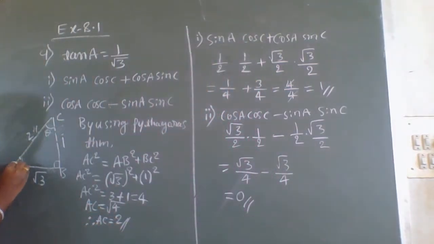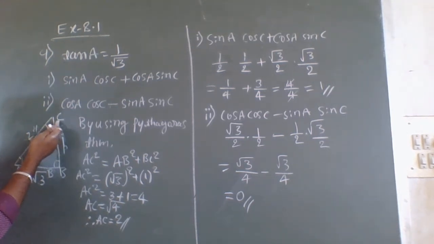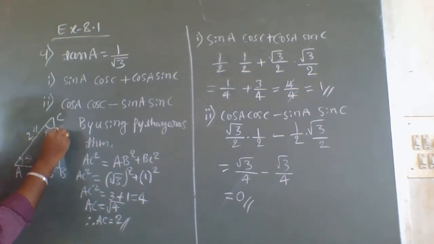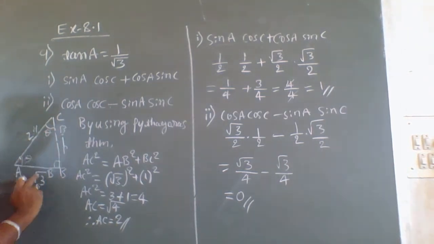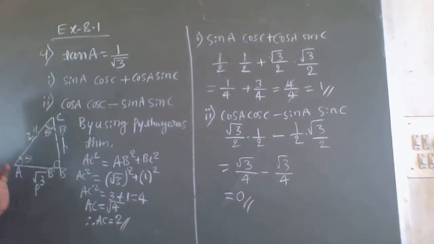If angle A is theta, opposite side of theta is perpendicular and adjacent side of theta is base. But when angle C is theta, opposite side of theta is this and adjacent side of theta is this. So perpendicular and base change as the theta value changes, but always this hypotenuse remains constant.